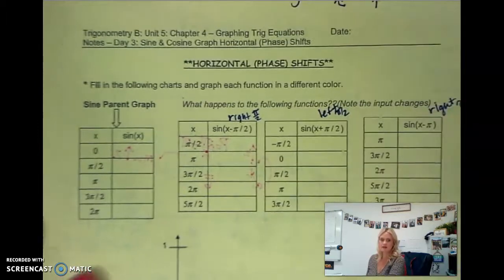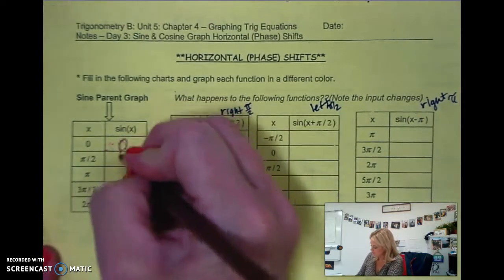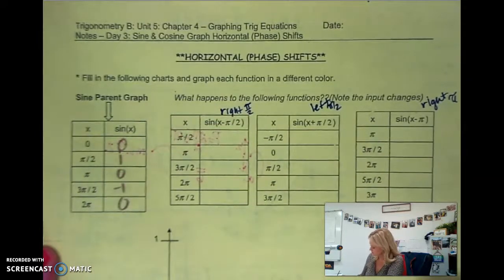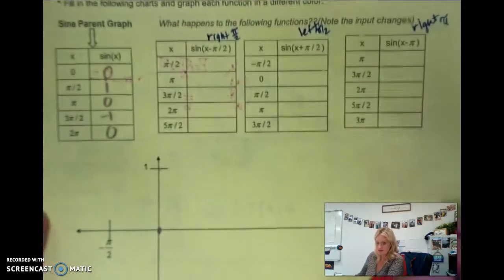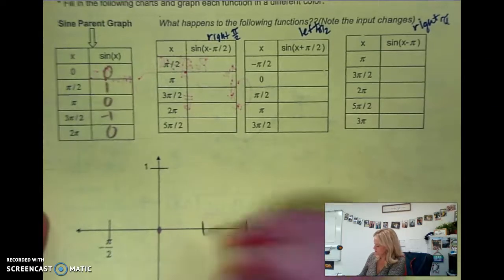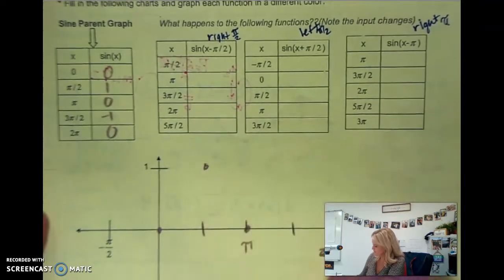So if you, again, go back to our sine parent graph, go ahead and graph that real quick and get that on your paper. So this is at 3 pi down here, so we definitely want to go to 2 pi and 1 pi and get everything in for our parent graph.